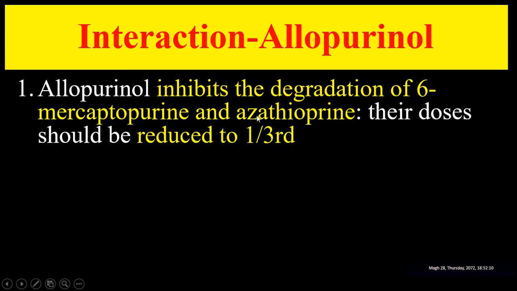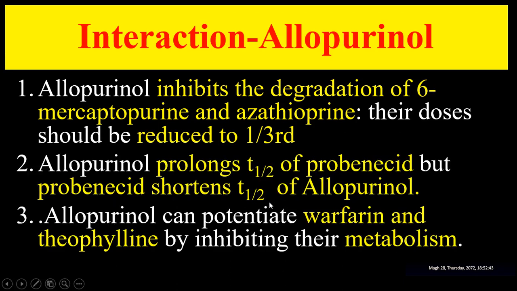So when you use these drugs, use only 1/3 of the dose. For example, if you are prescribing azathioprine alone as 100 mg per day, then you have to prescribe 33 mg per day, because xanthine oxidase, which destroys azathioprine, has been stopped by allopurinol.